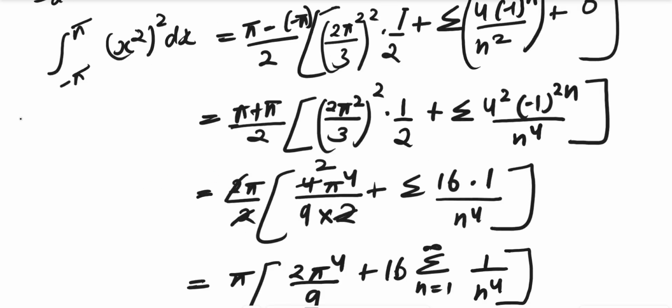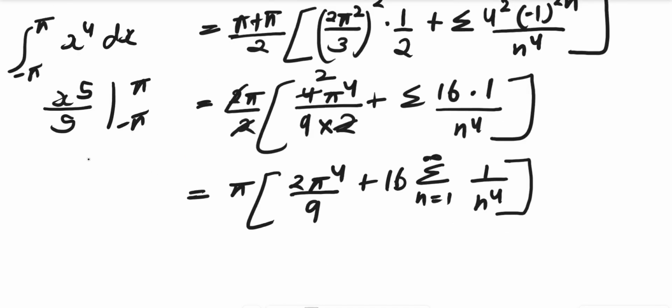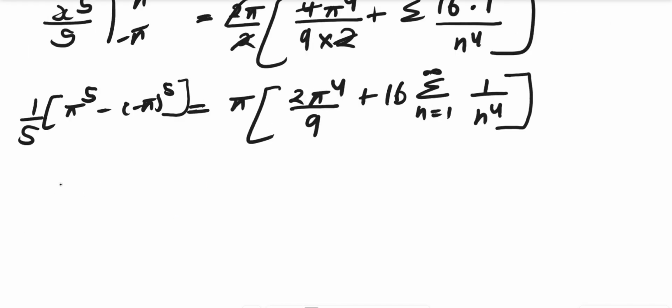Now simplify the right hand side. It is integral from minus pi to pi of x raised to the power 4 dx, which is equal to x raised to the power 5 divided by 5, limit from minus pi to pi, and this will be 1 upon 5, limit is pi raised to the power 5 minus minus pi raised to the power 5, and it is equal to 1 upon 5 pi raised to the power 5 plus pi raised to the power 5.